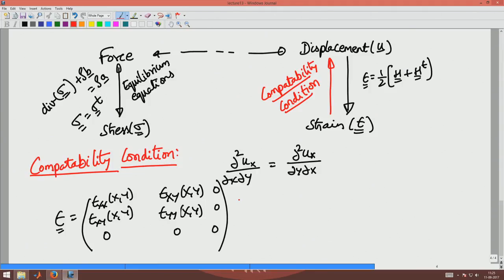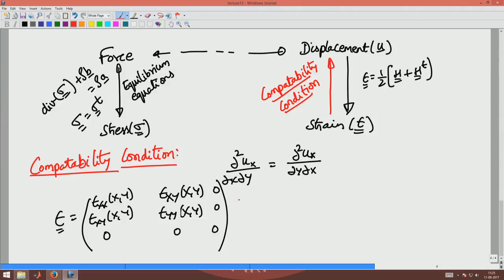For this I will have the displacement field as u equal to ux, a function of x comma y, times ex, plus uy, a function of x comma y, times ey.